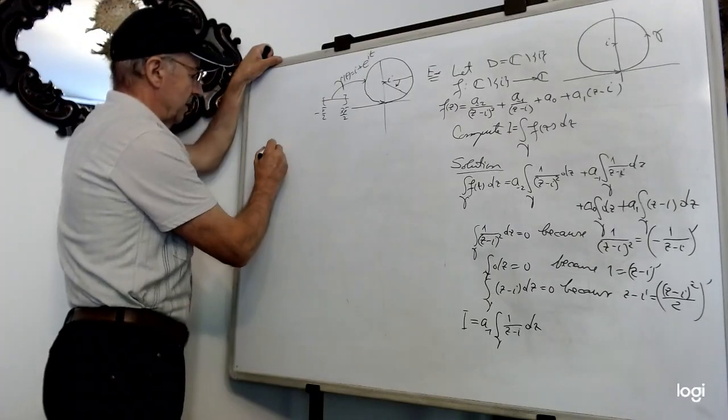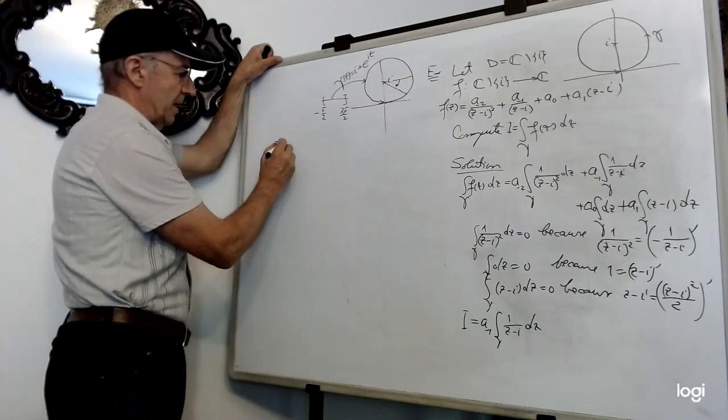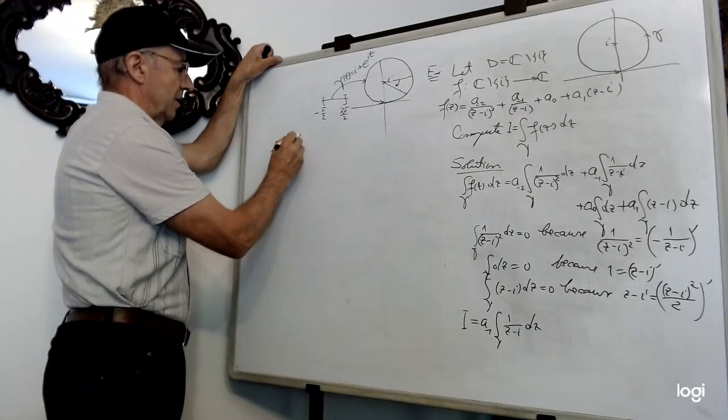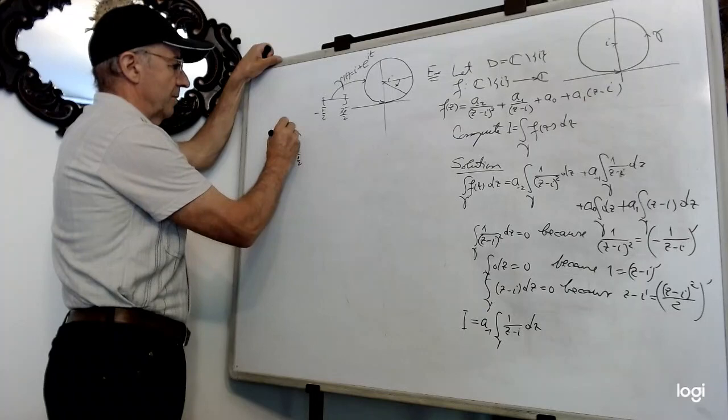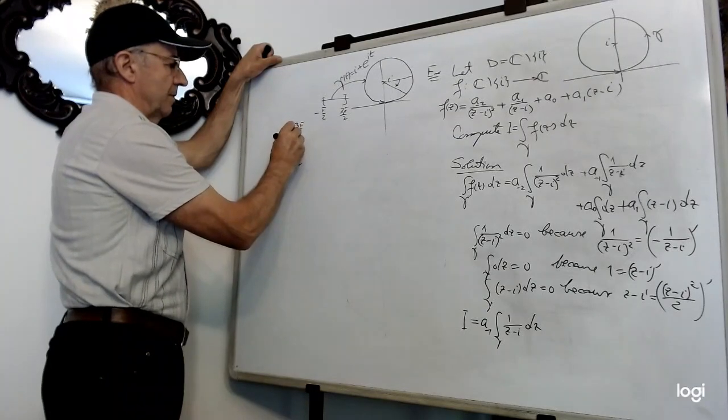So our integral will be a minus 1 times the integral from minus pi over 2 to 3 pi over 2.